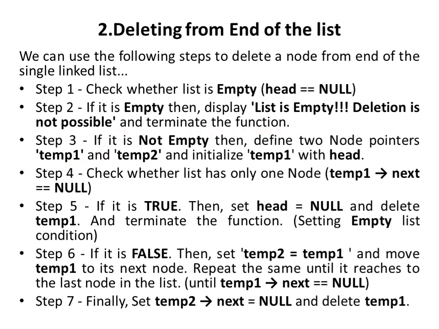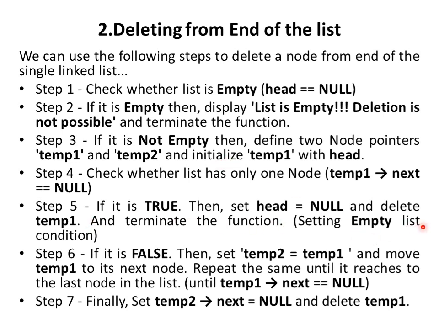If it is not empty, then define two node pointers, temp1 and temp2, and initialize temp1 with head. Next, I will check whether the list has only one node, that is, temp1 of next equals null. If it is true, then set head equals null, delete temp1 and terminate the function.